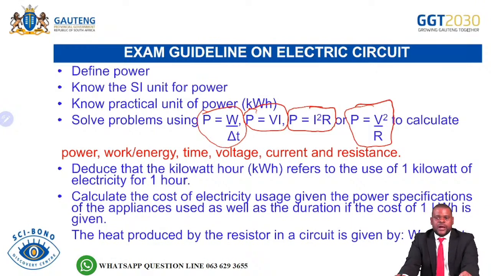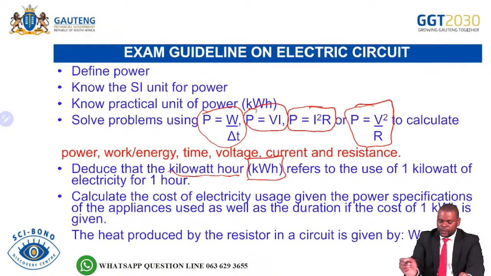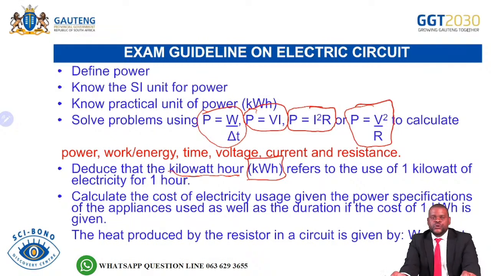Yes. Again, from the exam guideline, we deduce that the kilowatt hour refers to the use of 1 kilowatt of electricity for 1 hour. That means in 1 hour, you will be using 1 kilowatt of electricity. Are we together, grade 12?